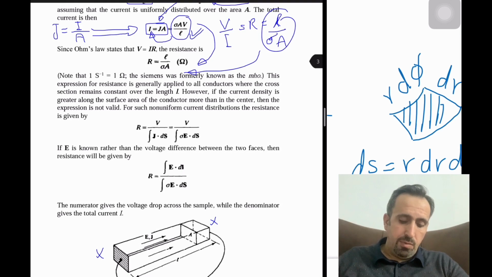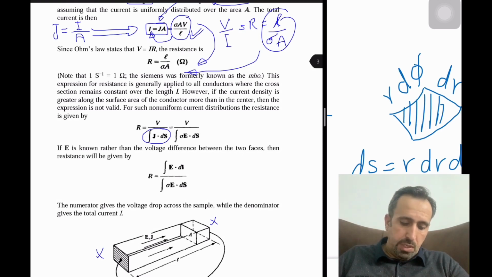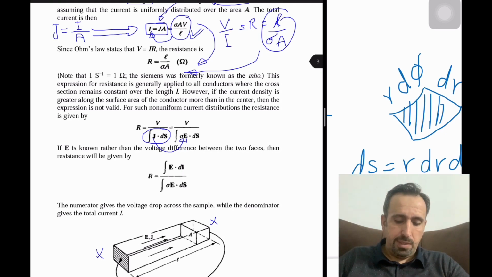So in this case, you have to take the amount of current from its formula from the beginning. For that reason, maybe in some cases this relation is more suitable. And even for this case, you may not have current density, but you may have electric field instead. So from electric field you can multiply it by sigma and then make a dot product with dS, and then you can calculate its resistance.